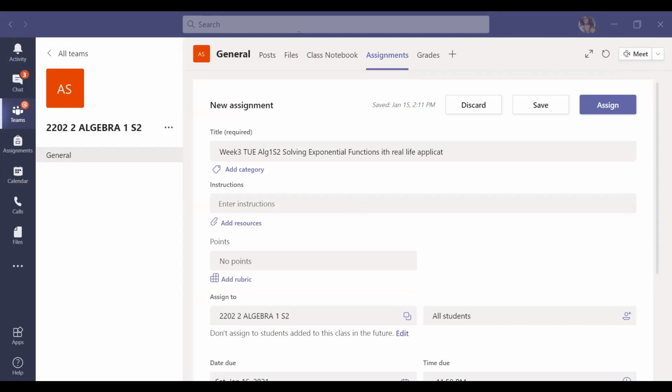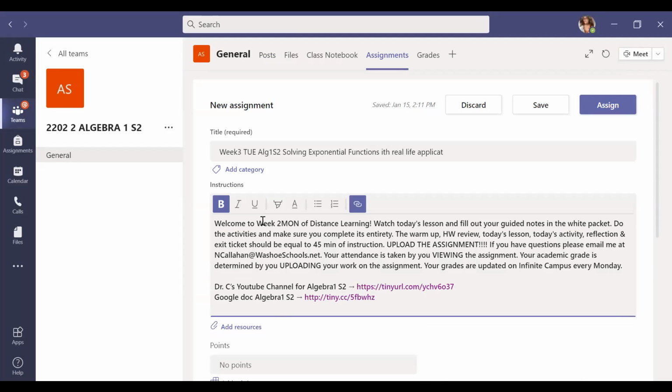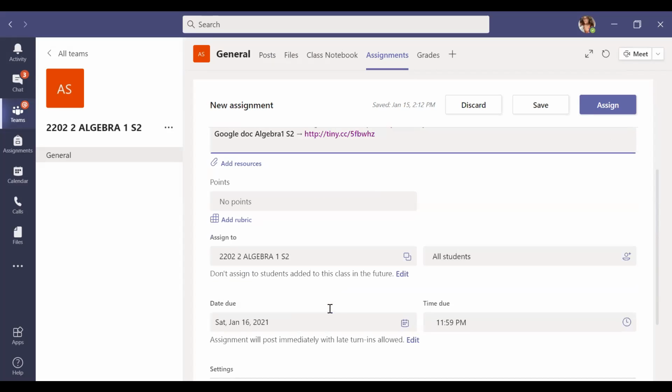So what you need to do is let's go ahead and grab your instructions. Okay, and so this is going to be your instructions for today, week 3, Tuesday. 2 different links, one's for the YouTube channel, the other one's for the Google Doc for this class.